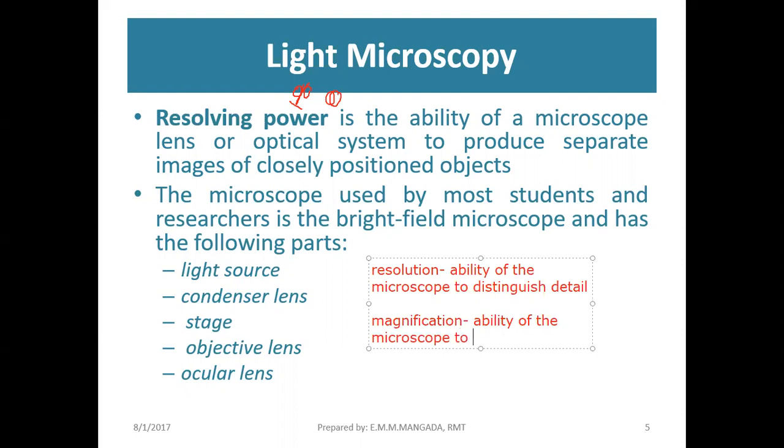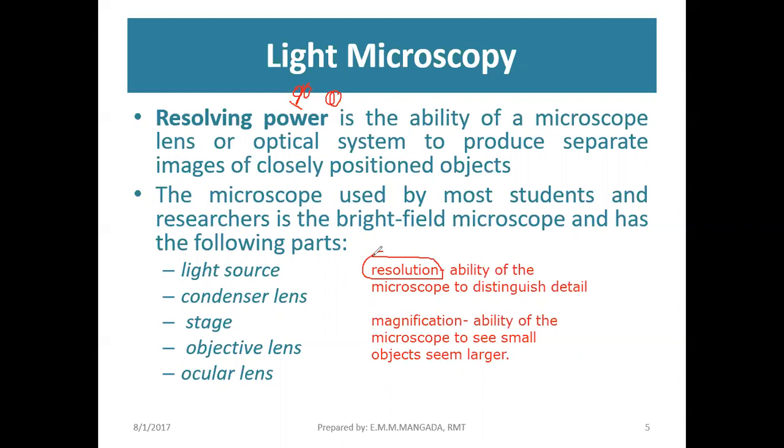Okay, and when we say magnification, we are talking now about the ability of the microscope to see small objects seem larger. Okay, so these are the terminologies that you have to remember about your microscope. We have resolution. When we say resolution, we're talking about the ability of the microscope to distinguish detail.